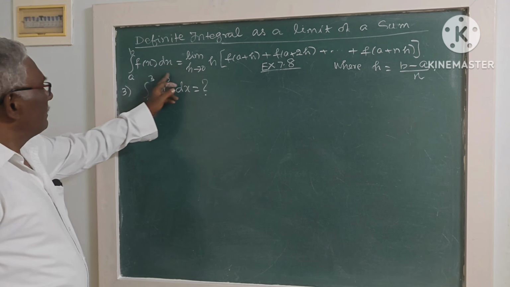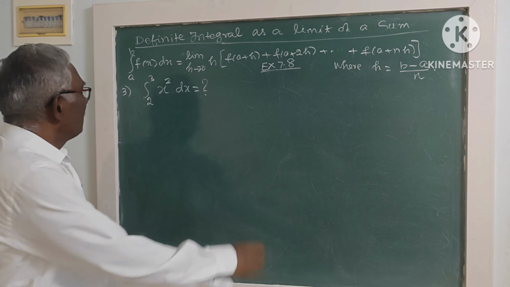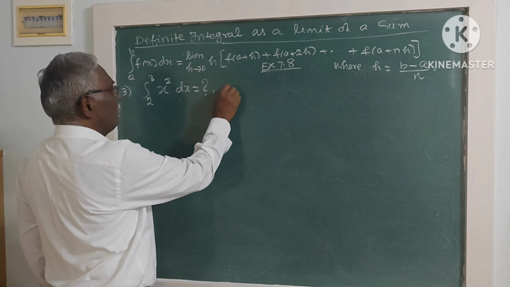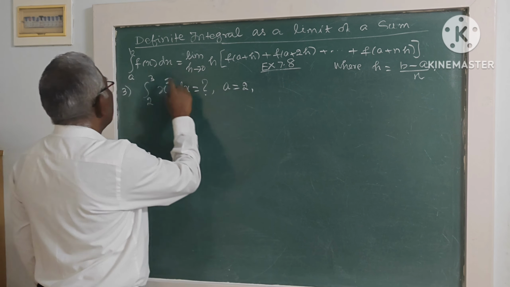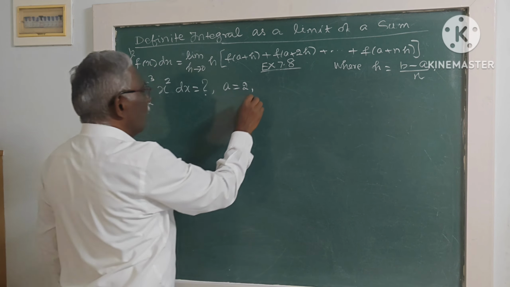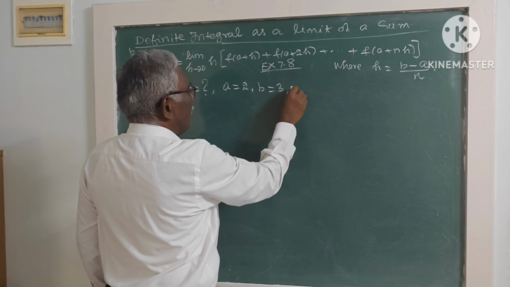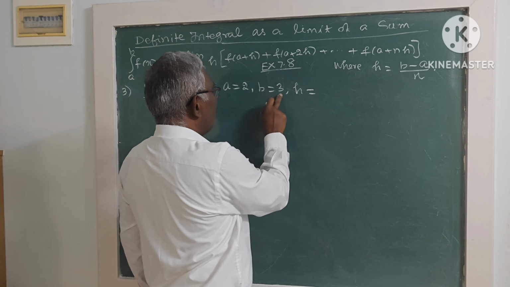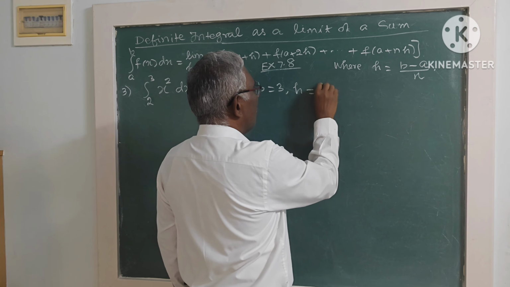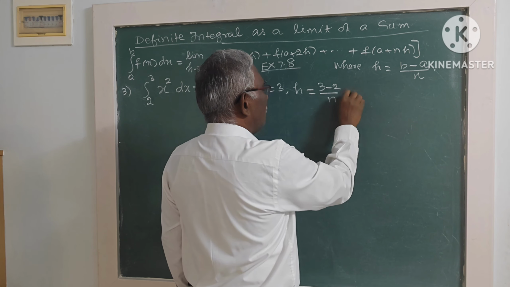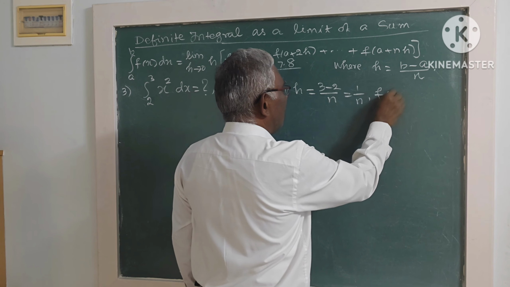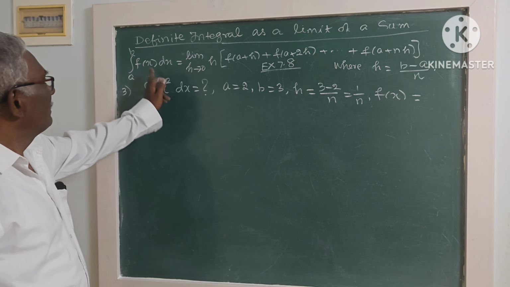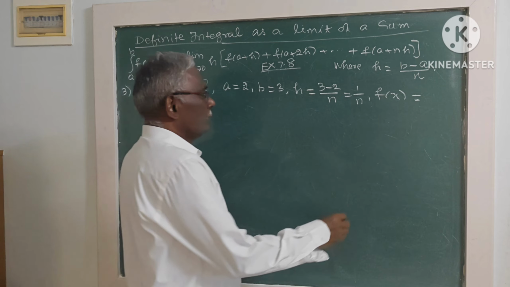Okay, on comparing this integral with the definition, we get a is equal to 2, b is equal to 3, and h is equal to (b minus a) by n. So 3 minus 2 by n is equal to 1 by n, and f of x is x square.